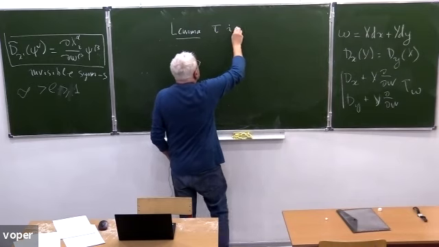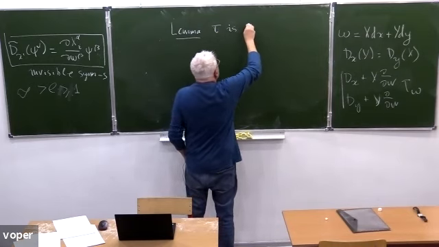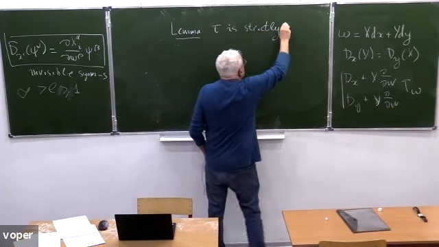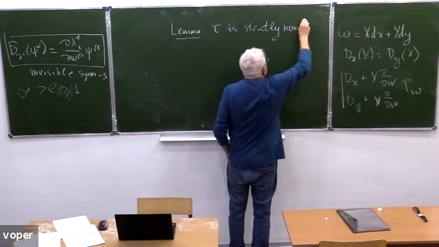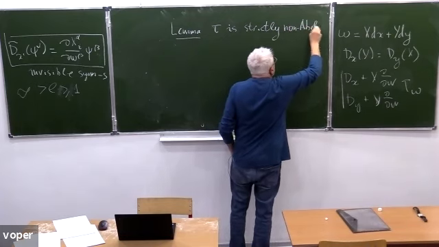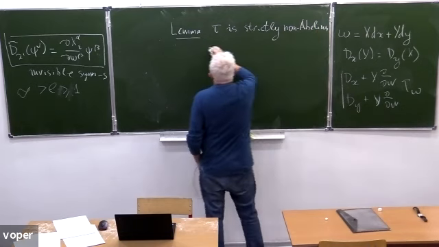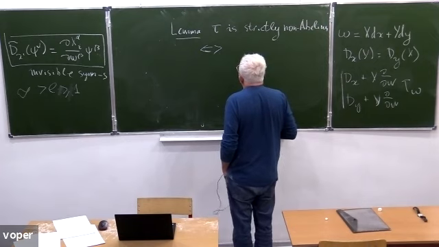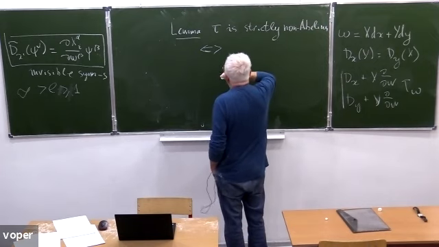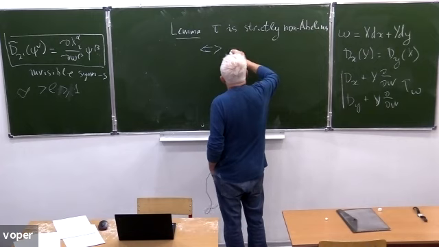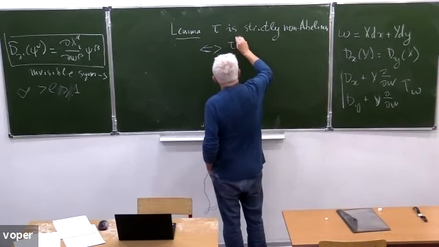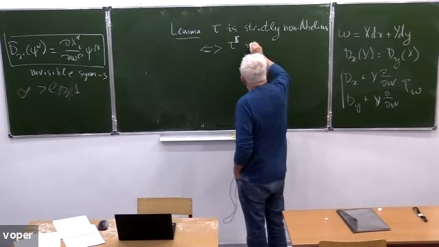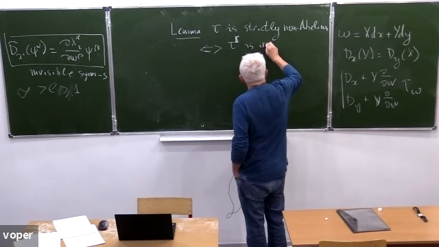Tau is strictly abelian if and only if its linearization is reducible.